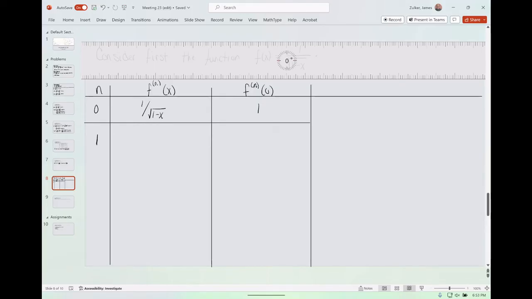So what is the derivative of 1 over the square root of 1 minus x?